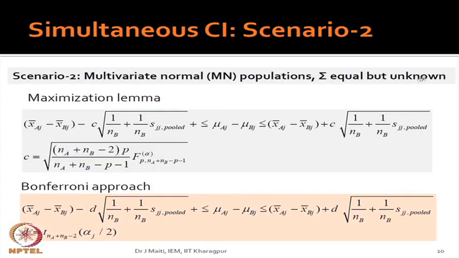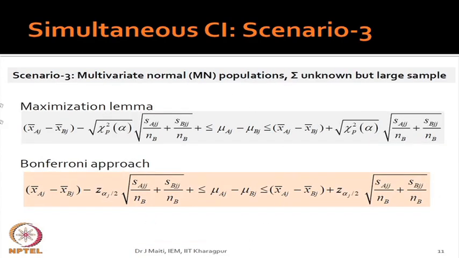Then the second one, the equal, unequal and unknown case, here you are using this F distribution, available in Johnson and Wichern, you do not need to write it. Third case, large sample, chi-square distribution.